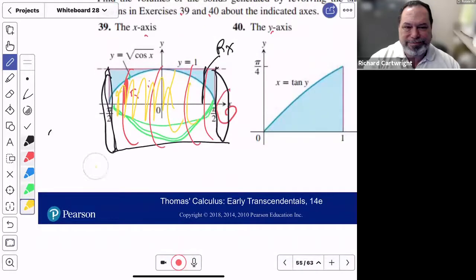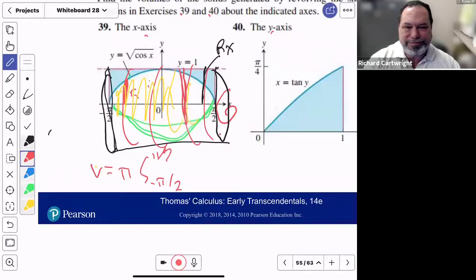Volume is pi times the integral. The smallest x I'm doing is negative pi over 2 to pi over 2. And the top function, somebody tell me what's the top function?